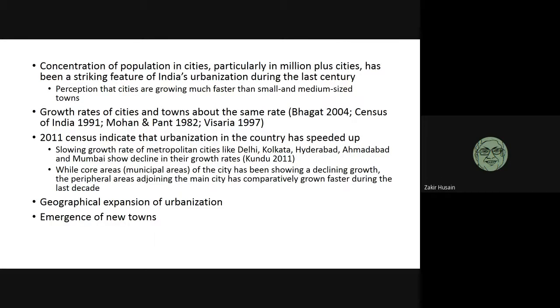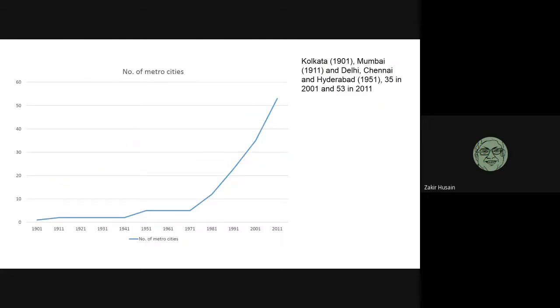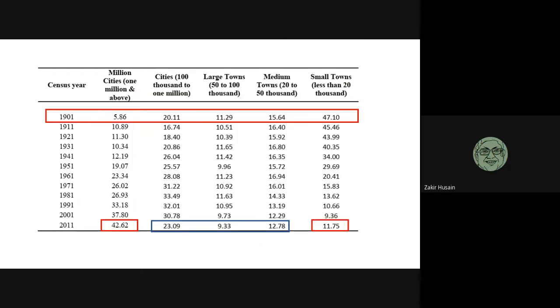So the concentration of population in cities, particularly in million plus cities, the metro cities, has been a striking feature in the last millennium. And this may give the perception that the larger cities, metro cities, are growing faster than small and medium-sized towns. If you look at it, it's going from 5 to 42. This has gone up from 20 to 23.